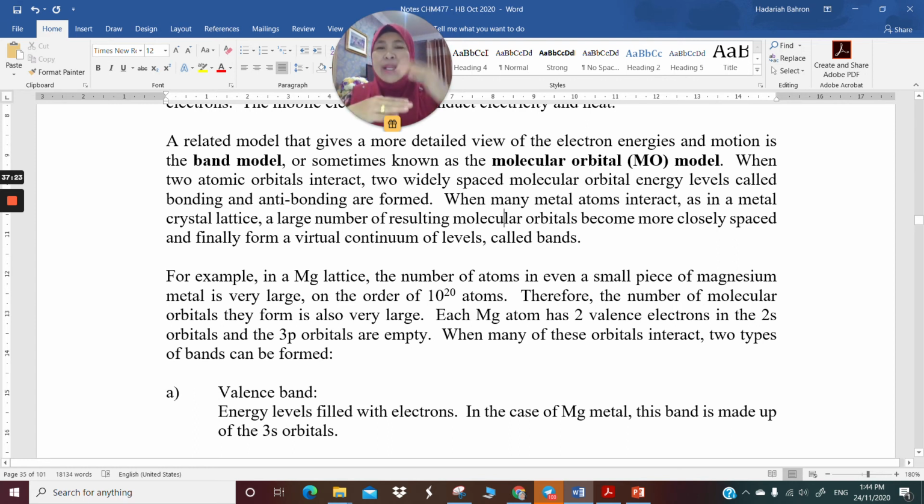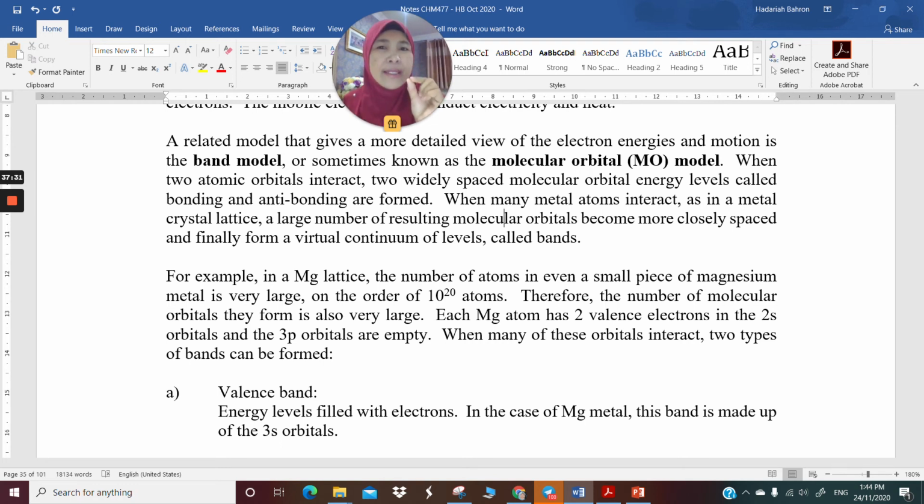So if you have one atom, you have one bonding and one anti-bonding orbital. But in 1 gram of metal, you have so many atoms, because 1 mole of sodium has 6.02 times 10 to the power of 23 atoms, Avogadro's number.